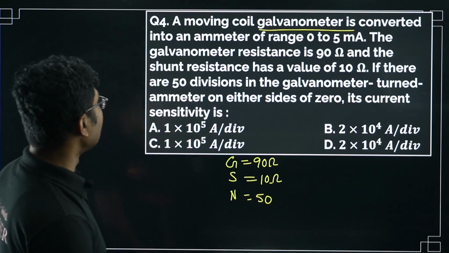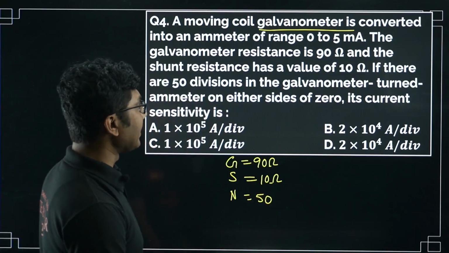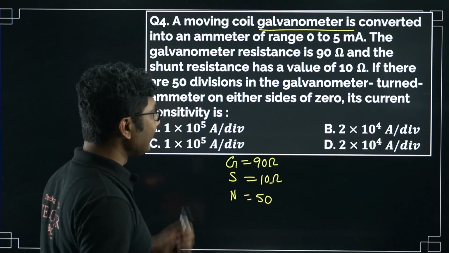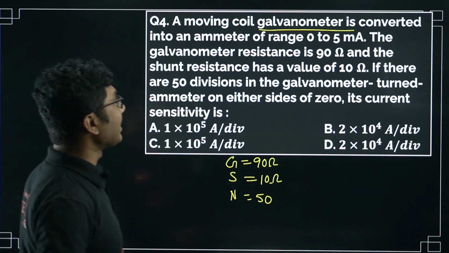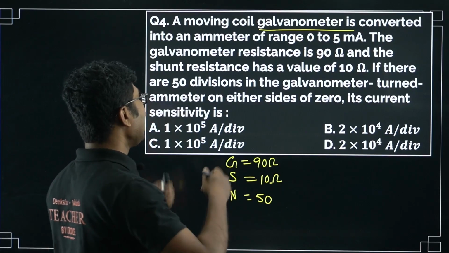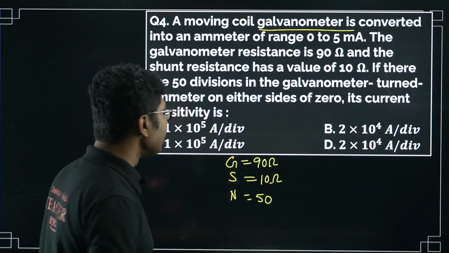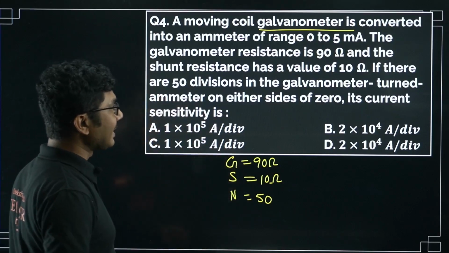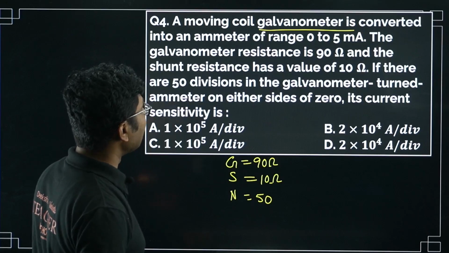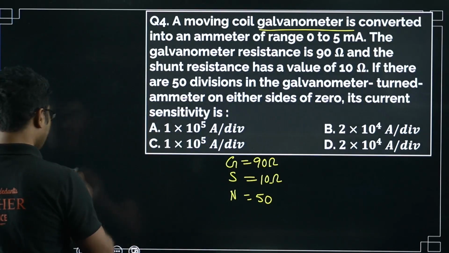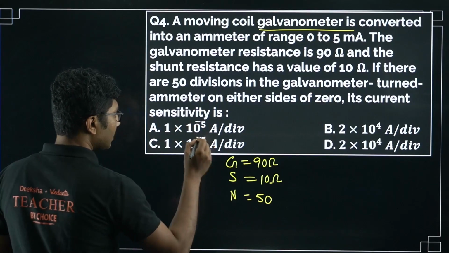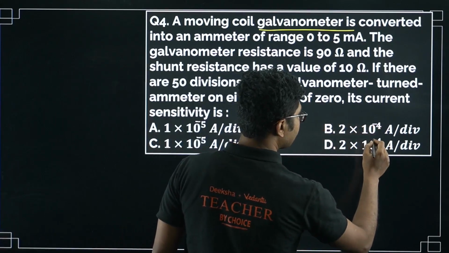The galvanometer turned ammeter, on either side of 0, its current sensitivity is, okay, so current sensitivity is the maximum current it can measure divided by the number of divisions. I think there is a mistake in this question, these values will be minus.